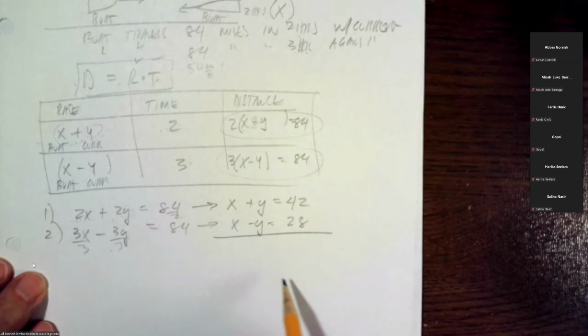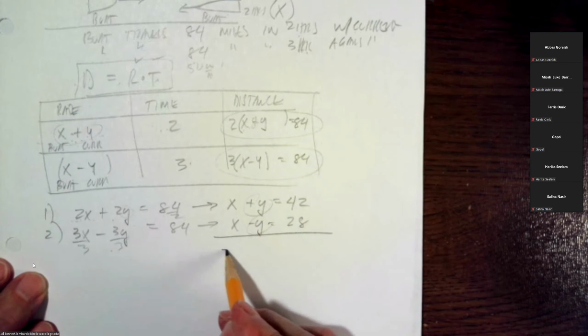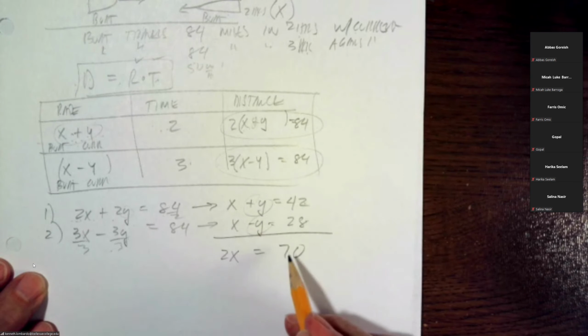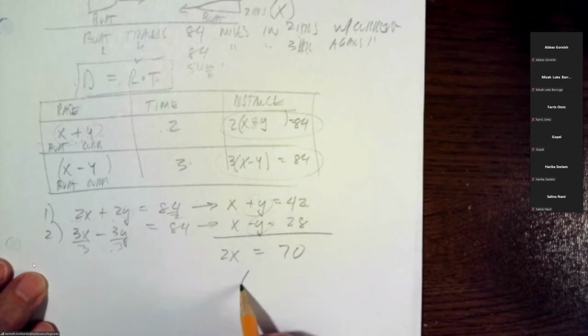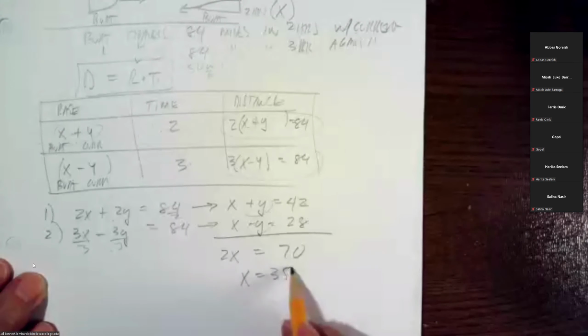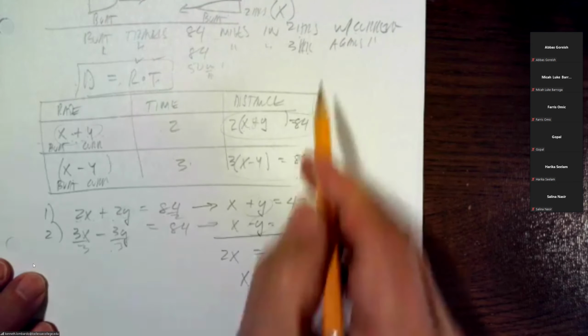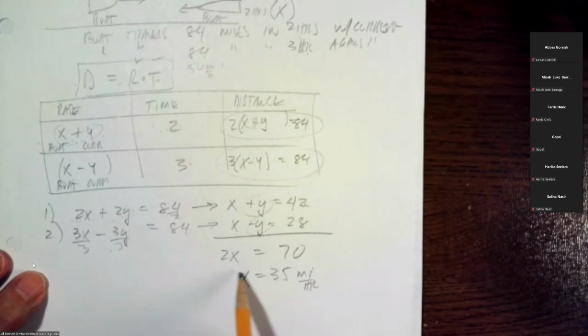Now, if we simply add these two equations, we're going to eliminate the y, aren't we? So 2x equals 70, or x equals 35. And we said this was miles per hour from the above units.